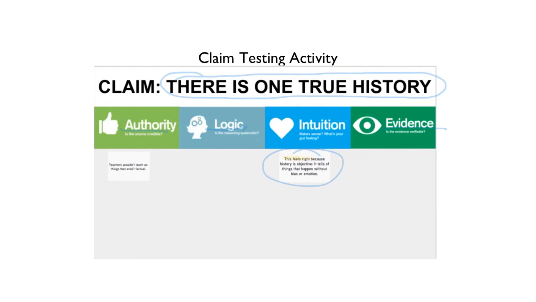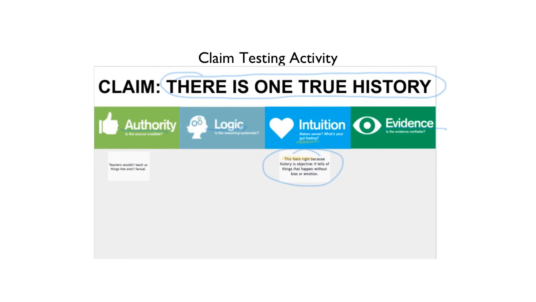When they say this feels right, that tells me they're using their intuition. It even has "what's your gut feeling" right there in the question. So I know that this is an intuition statement. Whether you agree with it or not is irrelevant. What I want you to do is put it where it belongs on the slide deck slide.